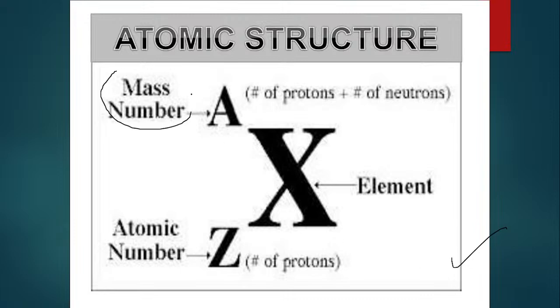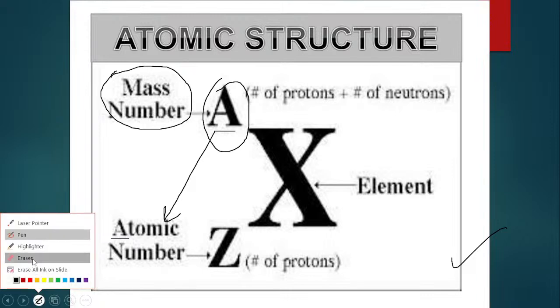At the top we write the mass number, and this is represented by A. Remember, it won't be that since A starts with A, that would be your atomic number. No, you have to remember that this is the opposite case.